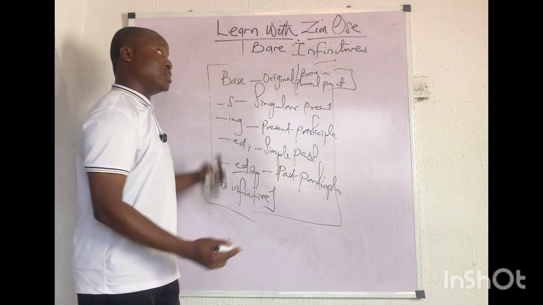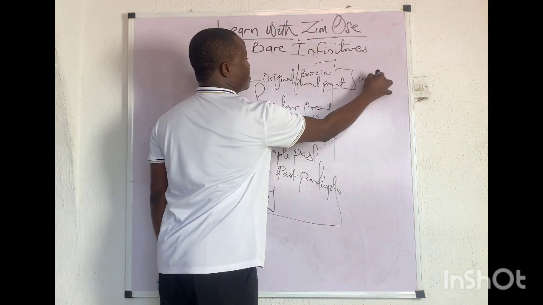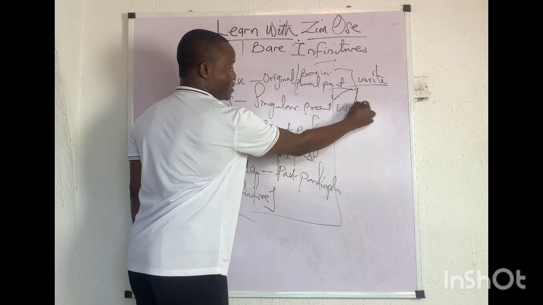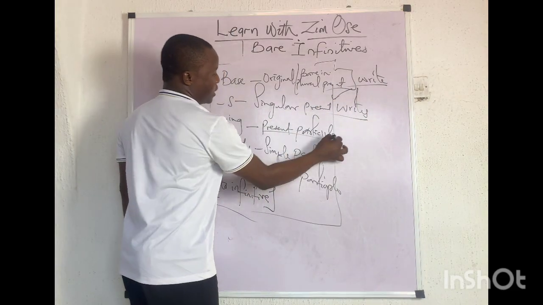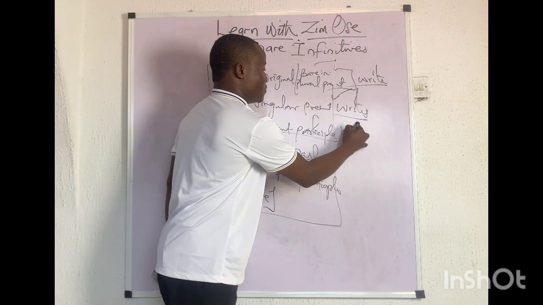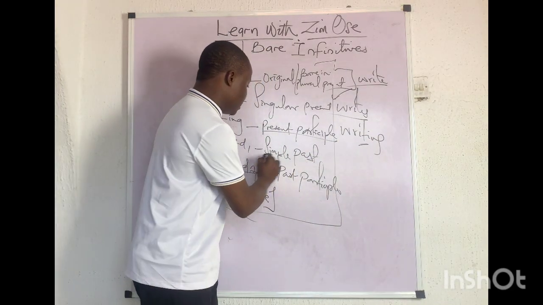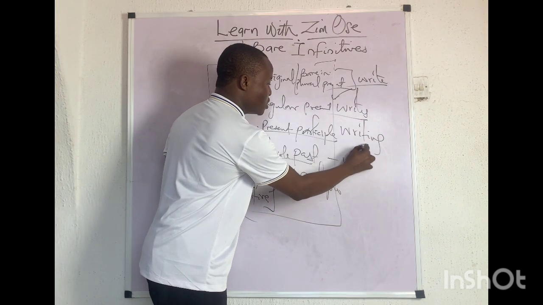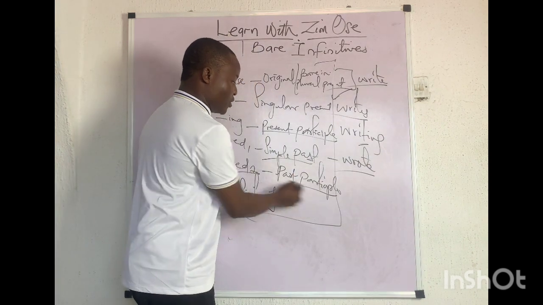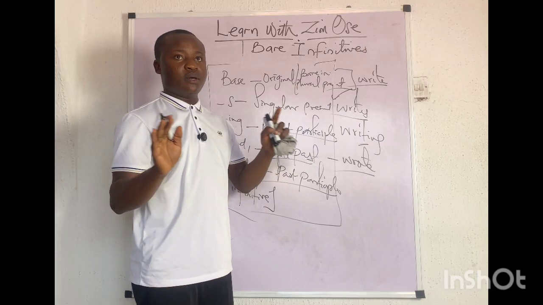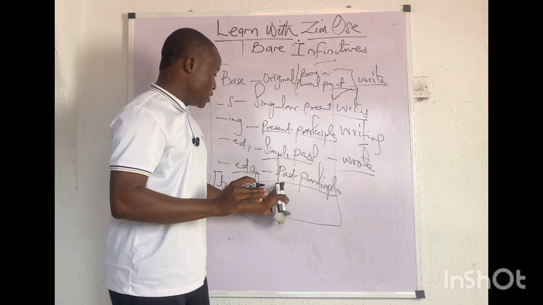I'll quickly give you two or three examples. Example, we have write, the original state. The S form of write would be writes. The ing form, as you guessed right, is writing. Please take note, writing has just one T. And the ed1 is wrote. He wrote a letter. But when you have an auxiliary, refer back to our video on past questions part 1, where I explained this.